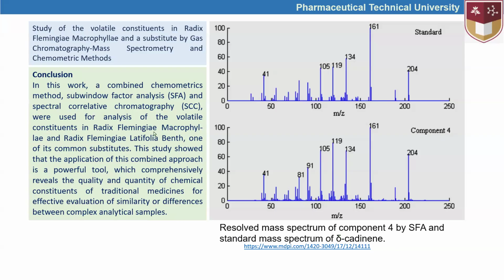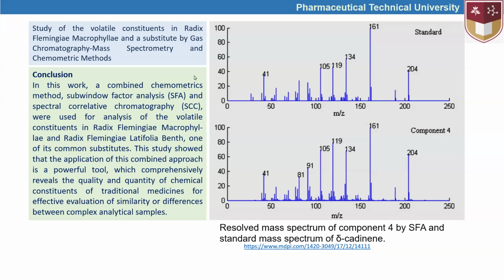And the conclusion of the authors was like this. In this work, they combined chemometrics methods, sub-window factor analysis and spectral correlative chromatography, which were used for analysis of the volatile constituents in two different plants, one of them a common substitute.